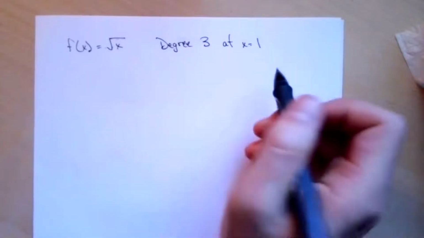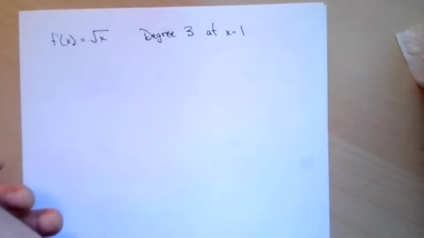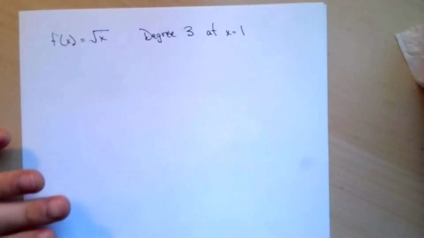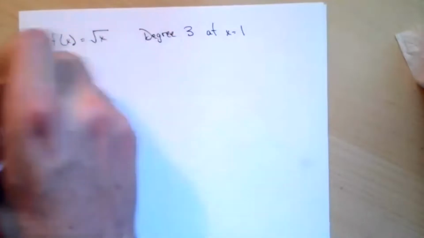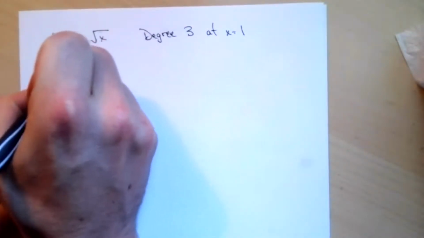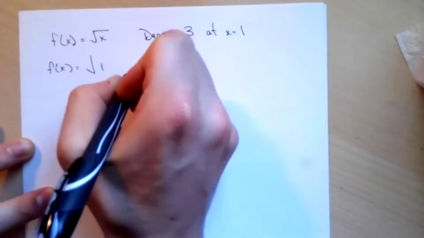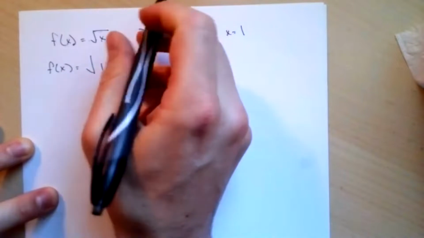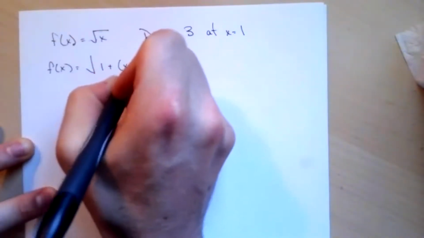So how do we do the Taylor approximation for this guy? There's a couple of different ways. We could just go through the actual process of computing the Taylor polynomial, or you could try to manipulate and finagle it from known Taylor polynomials. So you could try to write this, since we're centered at x equals 1, as 1 plus x minus 1.